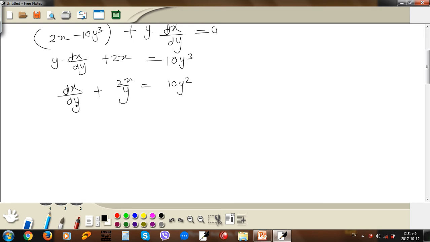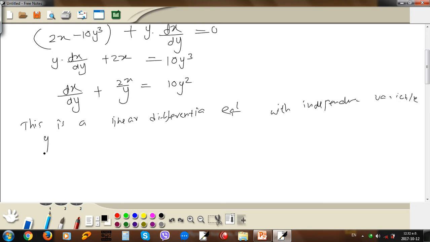So we can write this is a linear differential equation with independent variable y. Now the independent variable is not x, it is y.